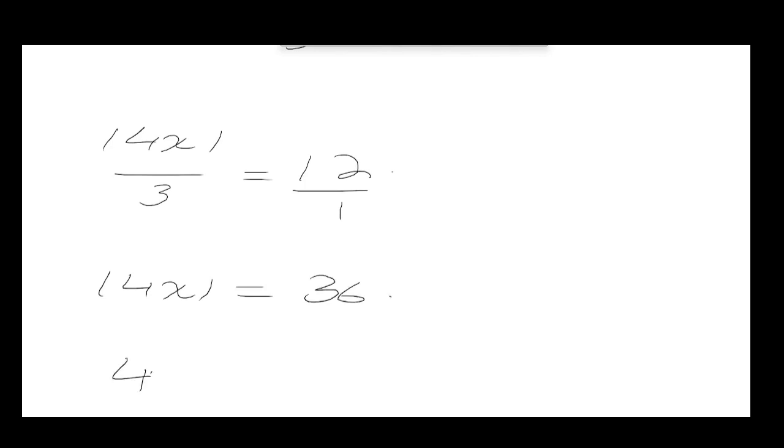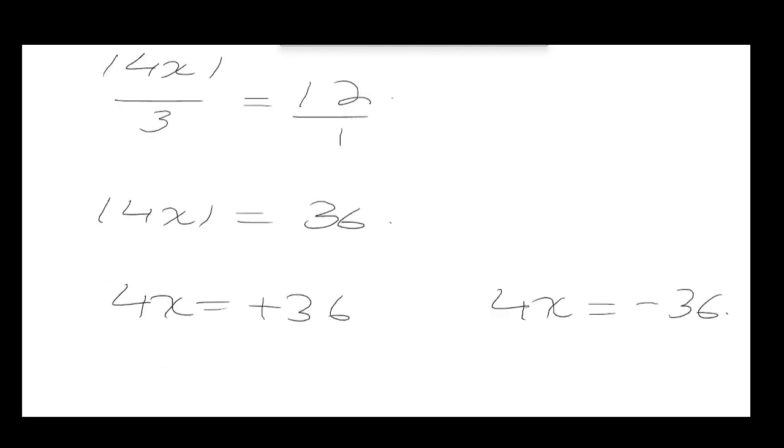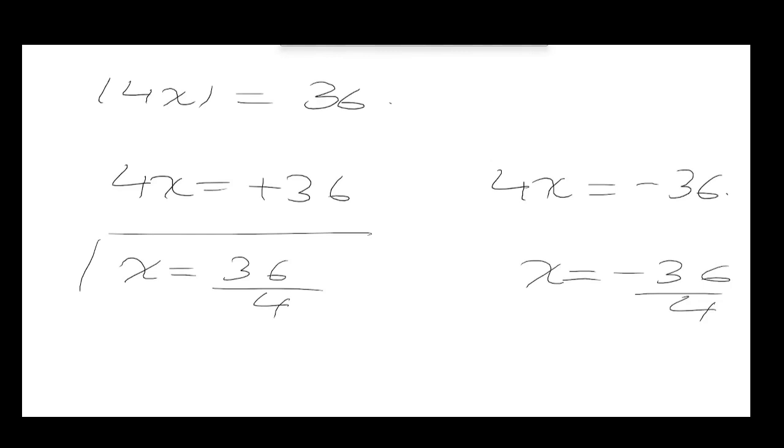Now we will have 4x is equal to positive 36 and 4x is equal to negative 36. And now we can simply write x is equal to 36 divided by 4 and x is equal to negative 36 divided by 4. So these are both our answers.